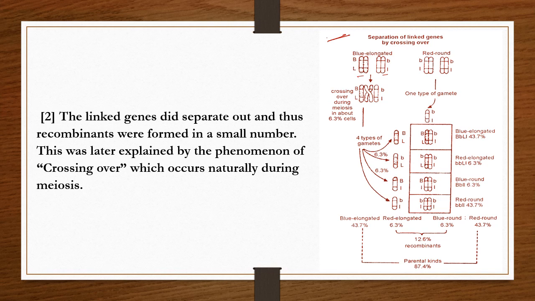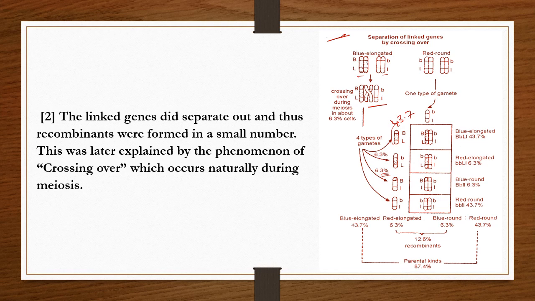When crossing over takes place, four types of gametes are formed, but the percentages are different. The parental gametes are about 43.7% each, and the recombinant gametes, small b capital L and capital B small l, are only 6.3% each.